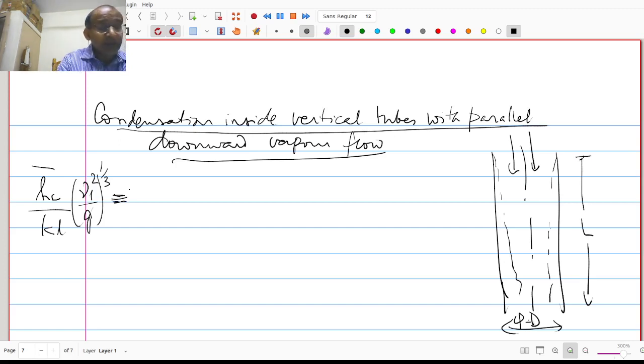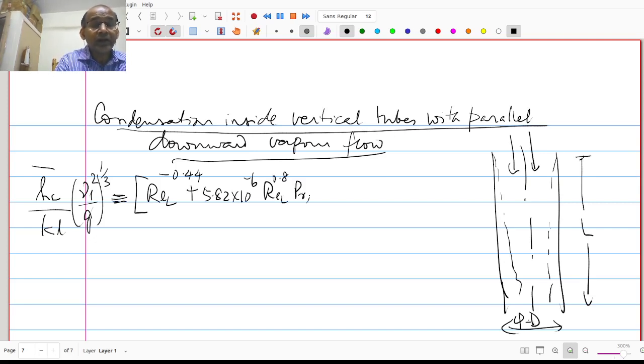So this is going to be equal to Re_L to the power of minus 0.44, which is very similar to what we had in Chen's expression, plus 5.82 times 10 to the power of minus 6 times Re_L raised to the power of 0.8 times Prandtl liquid raised to the power of 1/3. This much is the expression that we already have seen.